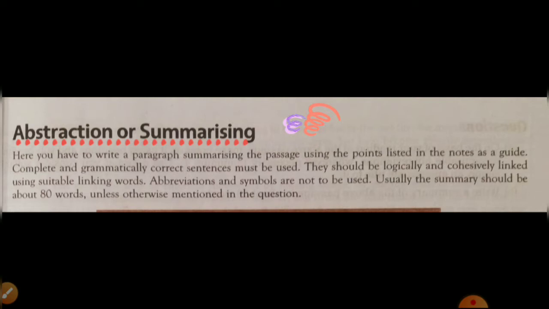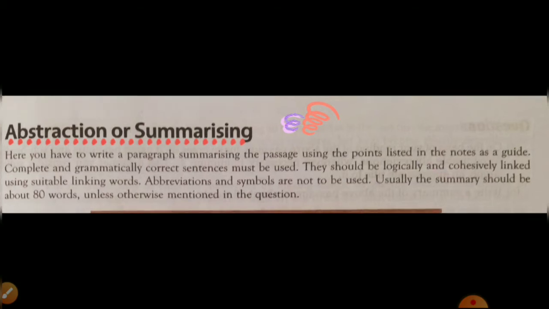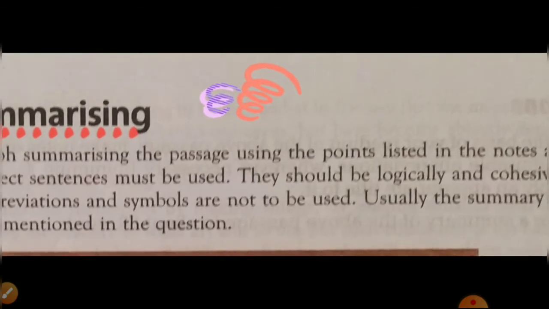But in summarization, using the points listed in the notes, you have to form complete sentences, and a summary means only one paragraph. There will be no separate points, no separate lines, all will be together.